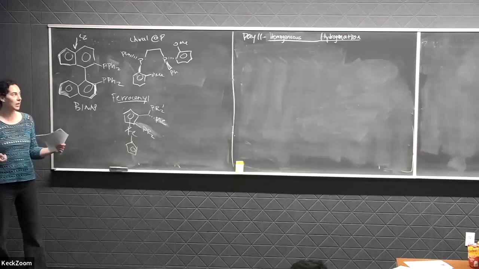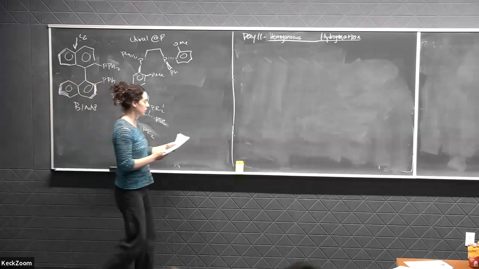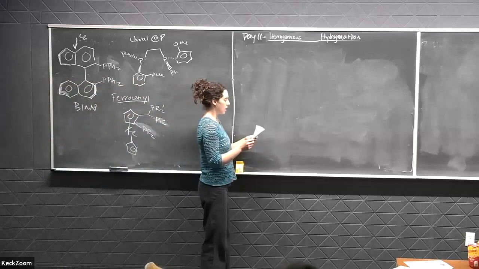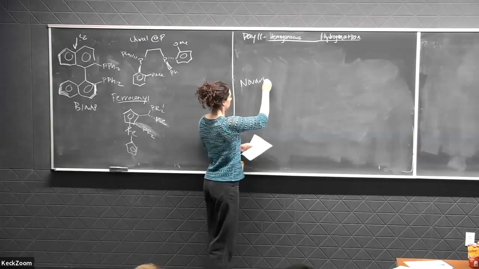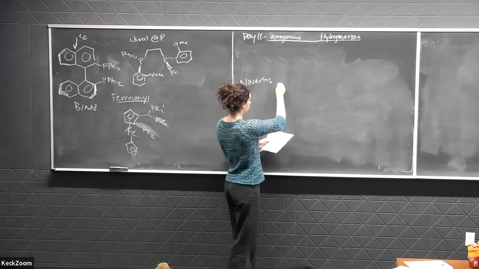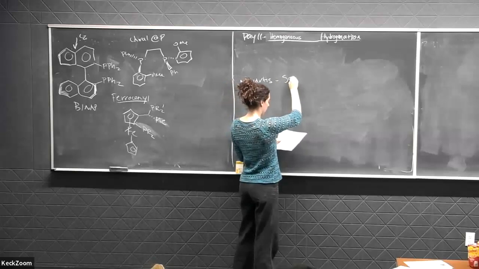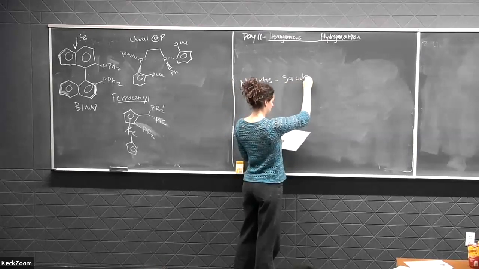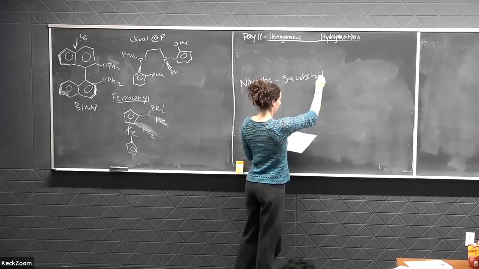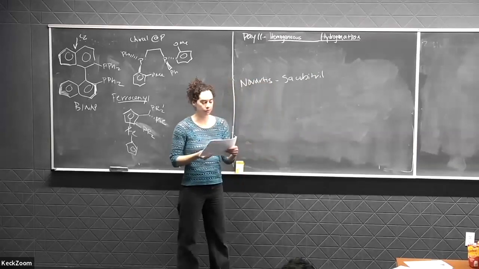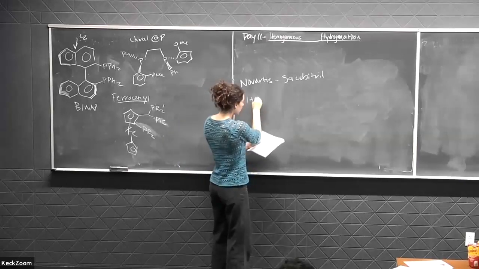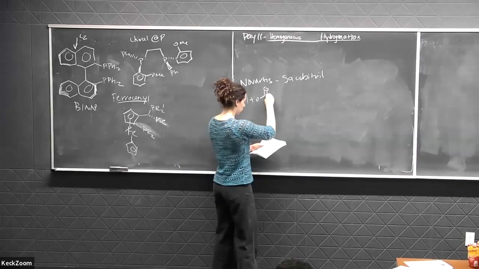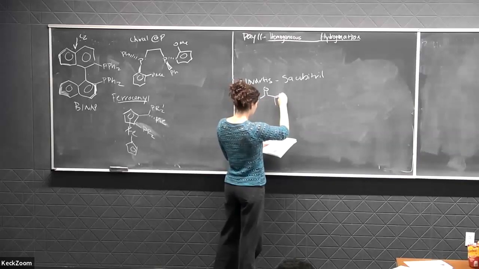Just to give an example, Novartis got FDA approval for a drug called sacubitril, which can be used to treat chronic heart failure. And one of the steps in their synthesis involves the asymmetric hydrogenation of an enone.